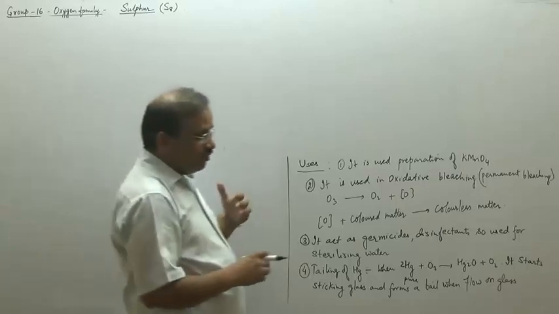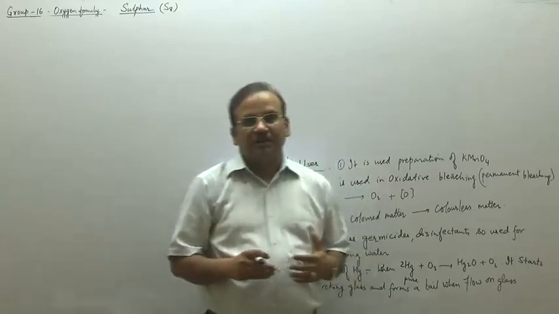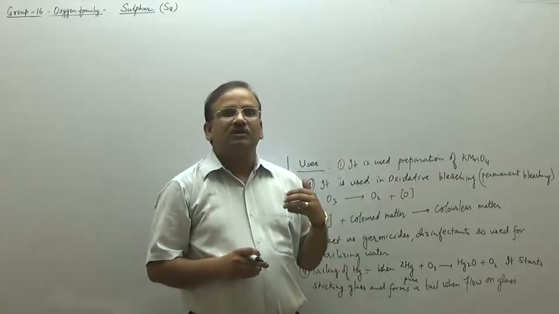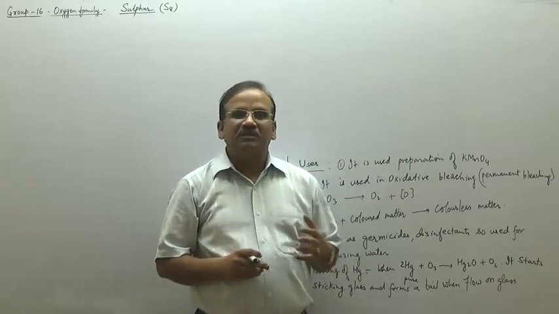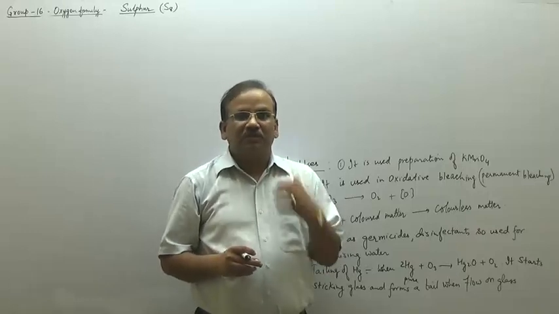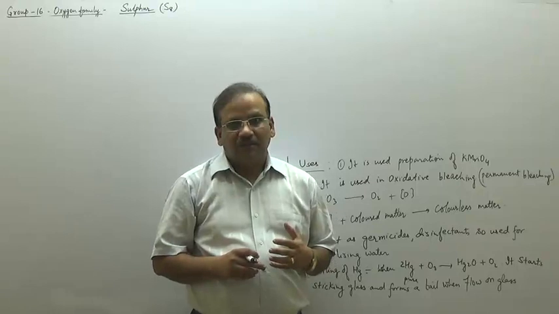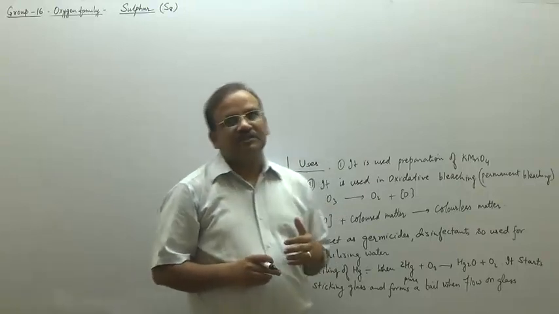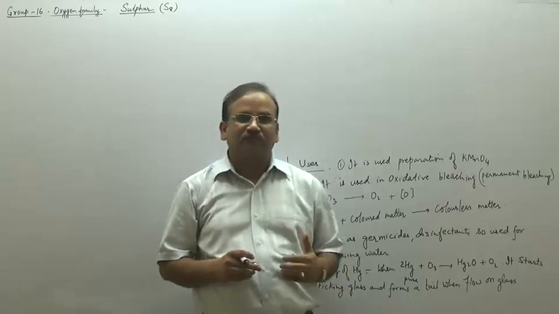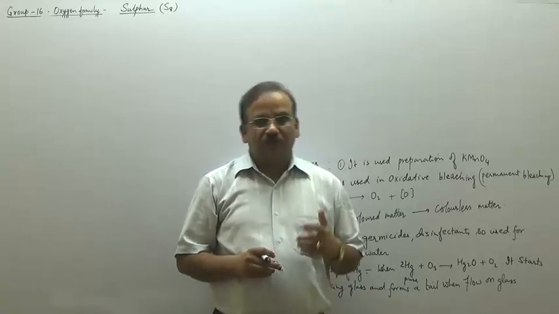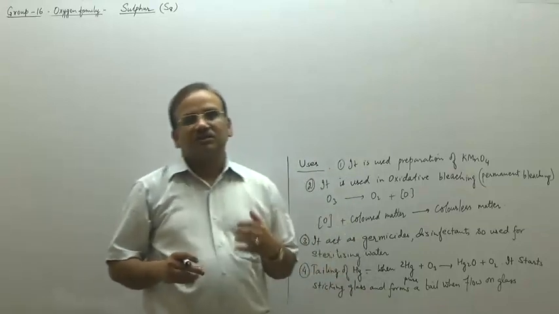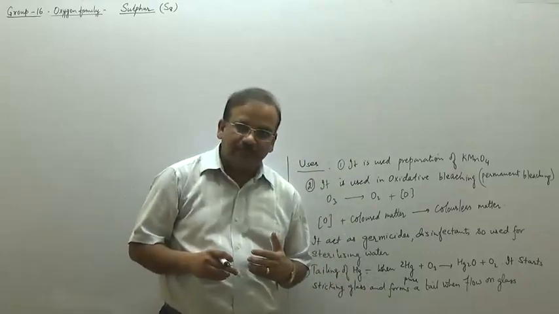There are many allotropic forms of sulfur: monoclinic sulfur, triclinic sulfur, orthorhombic sulfur, plastic sulfur, milk of sulfur, like that. Rhombic sulfur and monoclinic sulfur are crystalline forms. Plastic sulfur is the amorphous form of sulfur.